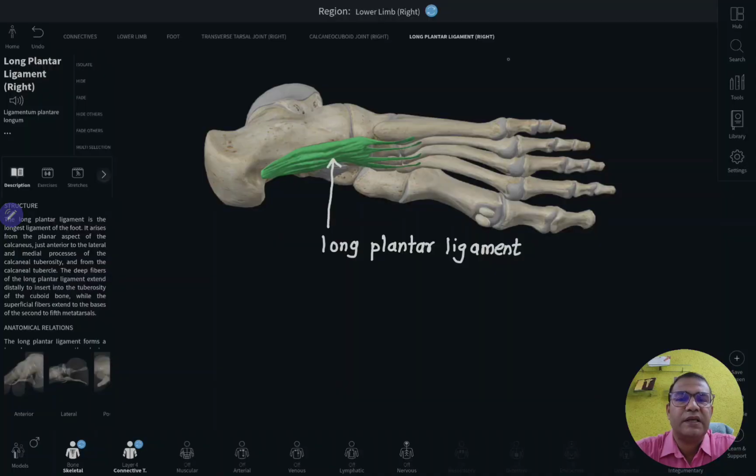We can see it is again connecting the calcaneum, cuboid and the bases of the metatarsals. So these are long and short plantar ligament which are forming intersegmental ties of lateral longitudinal arch. You can see here how they are located.